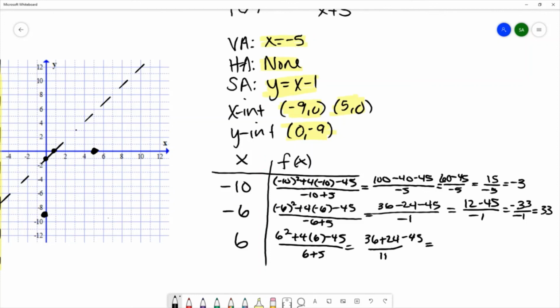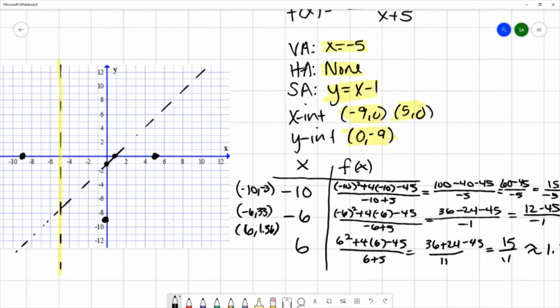Minus 45 gives me 15 over 11. And 15 over 11 is approximately 1.36. So our ordered pairs that we just got are -10, -3, -6, 33, and 6, 1.36.